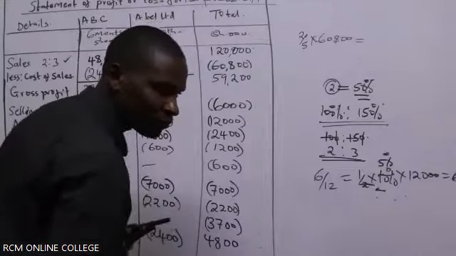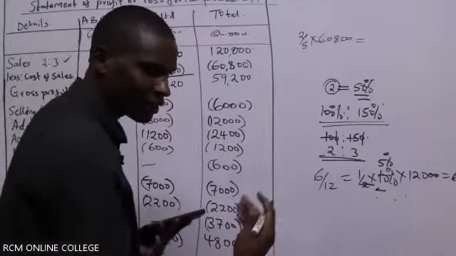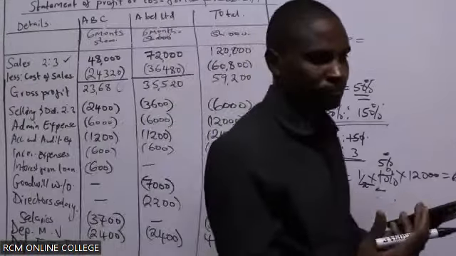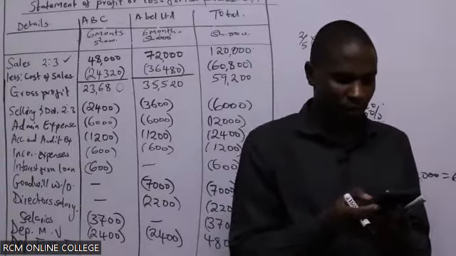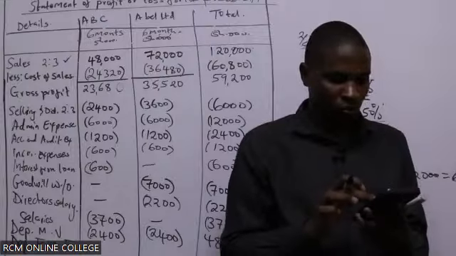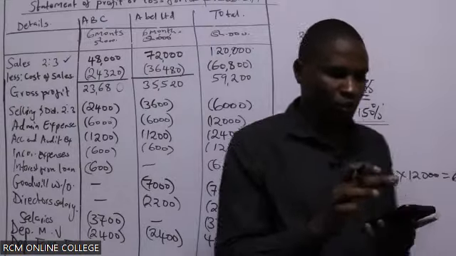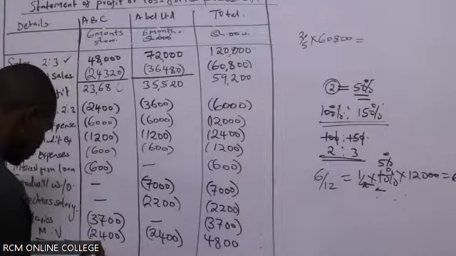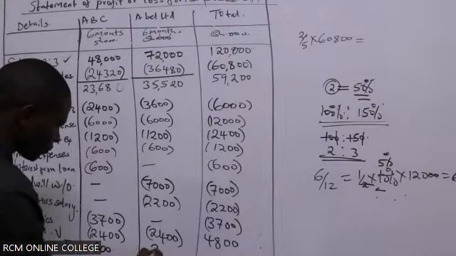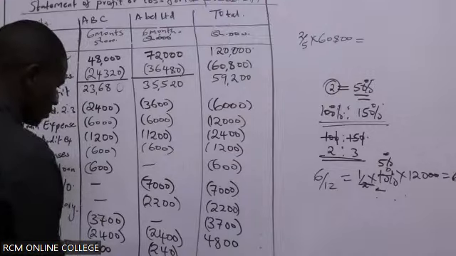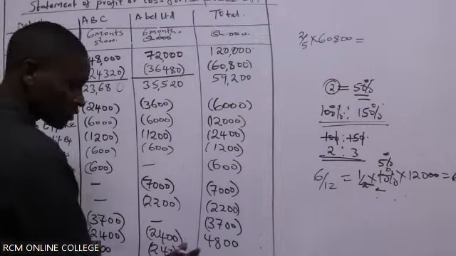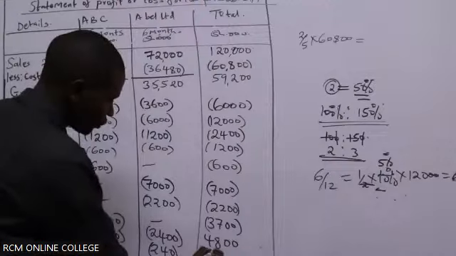Wanasema furniture and fitting ndio ilikuwa na 600. 600 ilikuwa kwa partnership ama ilikuwa namna gani? 600 to 40. This will be total of 840, right? 840. Yes, 840.